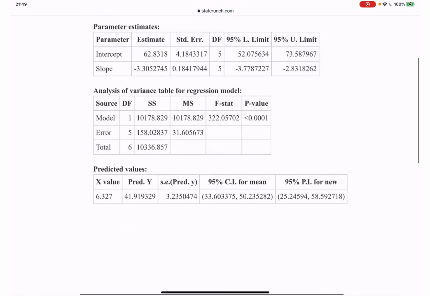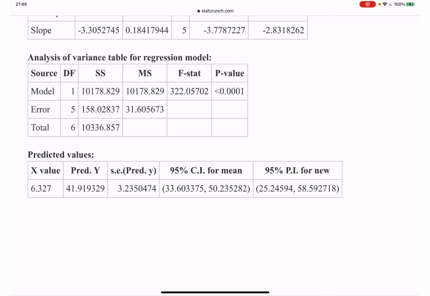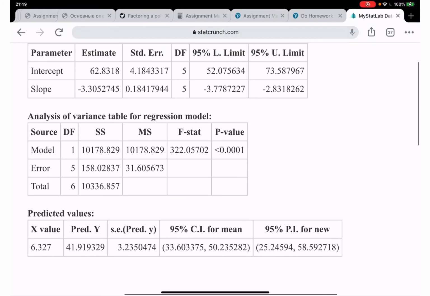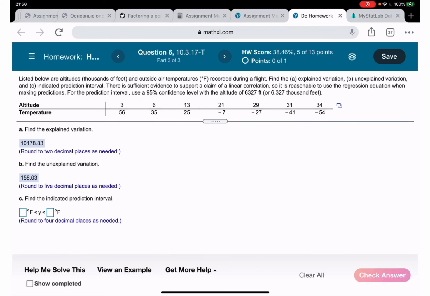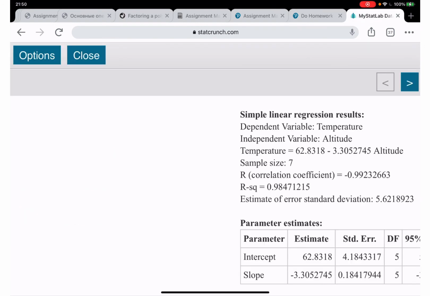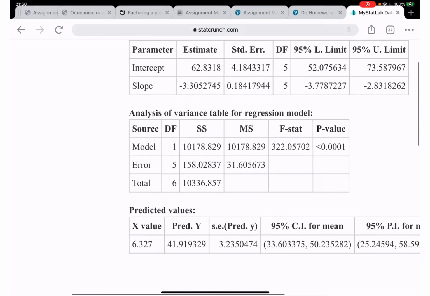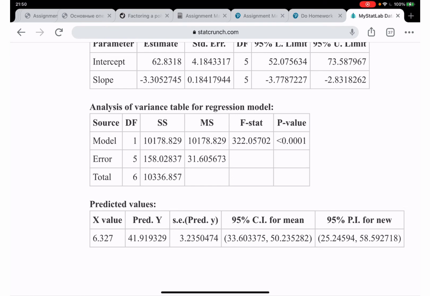And here it is, predicted values. So how much is it? Oh, 4 decimals. So it's going to be 25.2459.